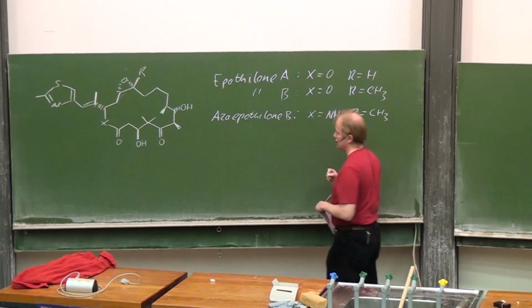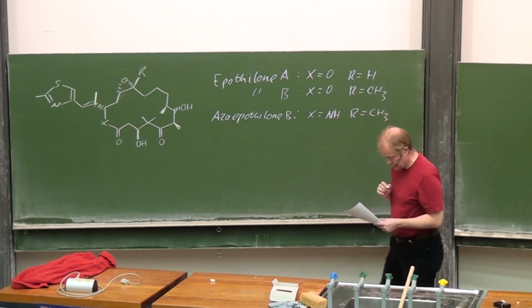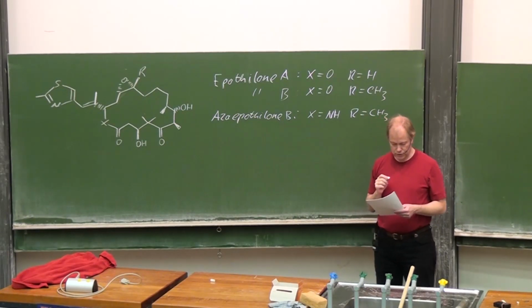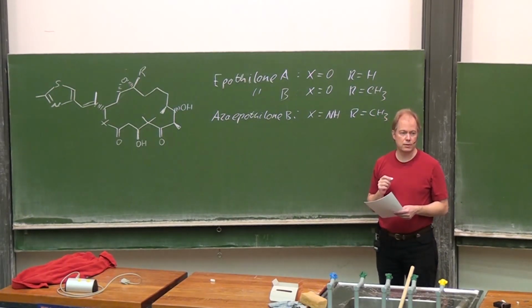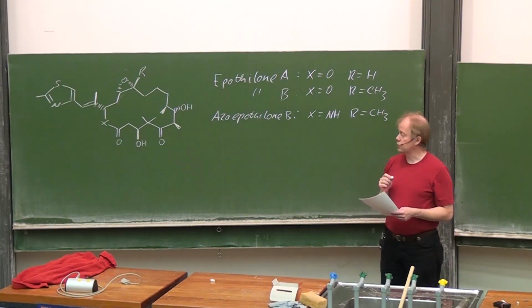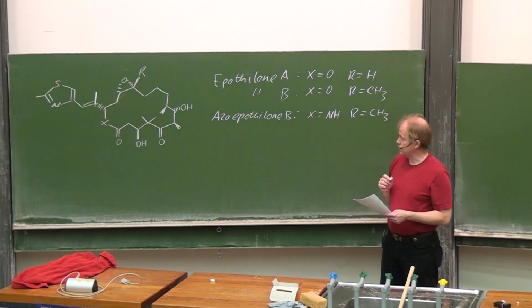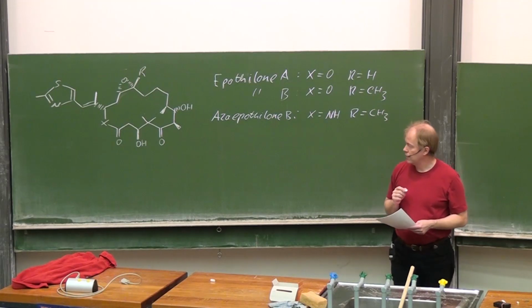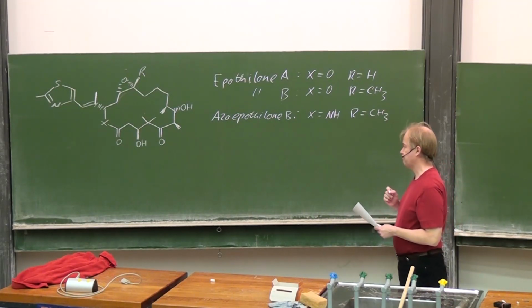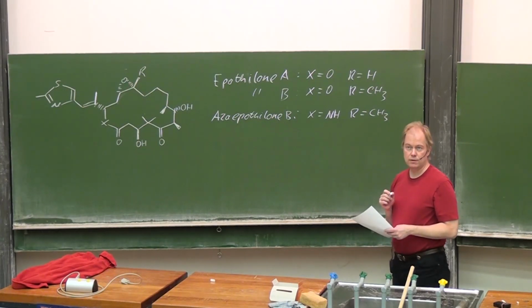So X is an H. This is indeed applied nowadays in chemotherapy, especially against breast cancer. So, a highly interesting target molecule, and I would say have fun in an exercise analyzing this structure.